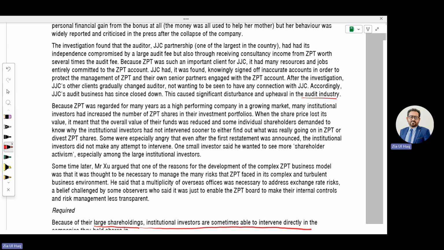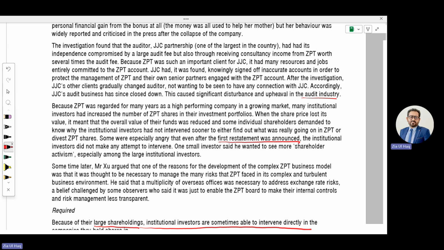When the share price lost its value, it meant that the overall value of their fund was reduced, and some individual shareholders demanded to know why the institutional investors had not intervened sooner to either find out what was really going on in ZPT or divest ZPT shares. Why didn't they intervene? Why didn't they withdraw their investment? Some were especially angry that even after the first restatement was announced, the institutional investors didn't make any attempt to intervene.